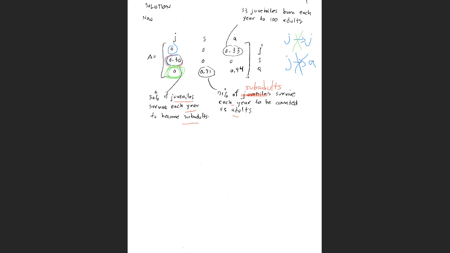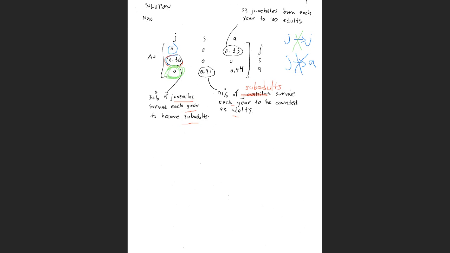That's right, Haley. Juveniles are more vulnerable to predators and things like that, getting injured and so forth. So this all makes perfect sense. We should have an intuitive feel for these values.